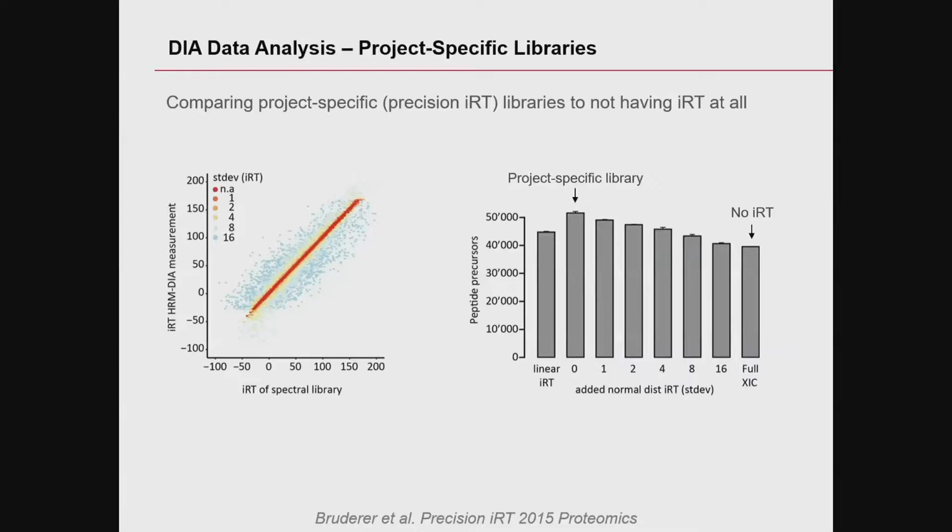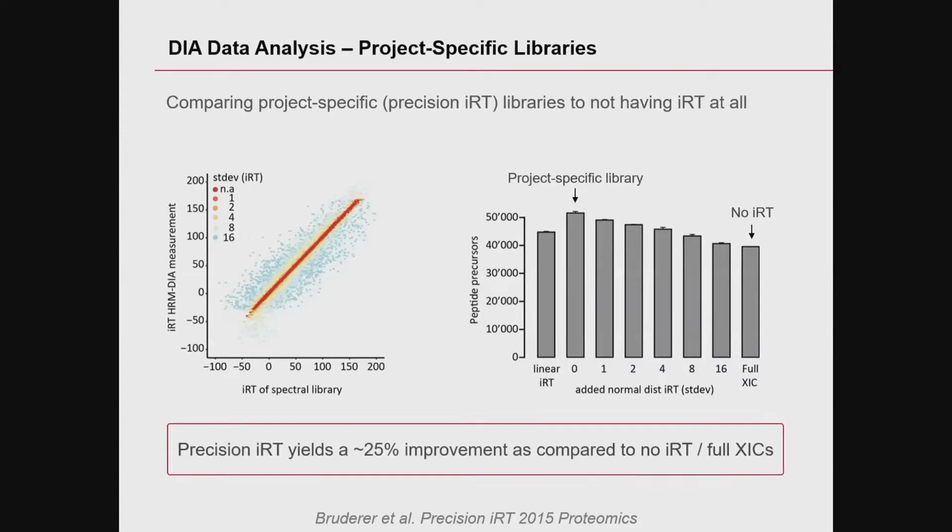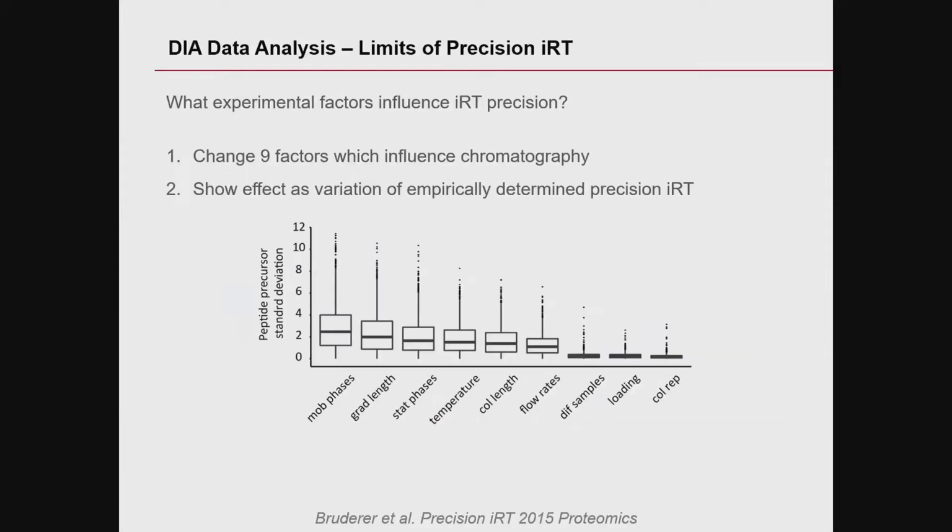We also looked at having no iRT at all, meaning doing the full ion trace extraction. And we also looked at the old concept we had back then, what we called linear iRT. And the conclusion back then was that precision iRT yields roughly 25% more as compared to having no iRT at all. So that's a significant difference.